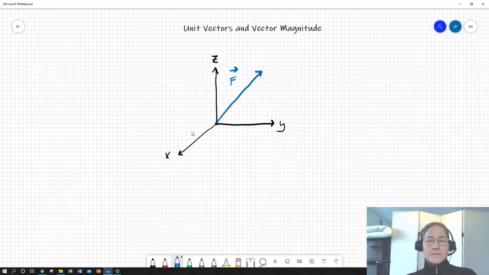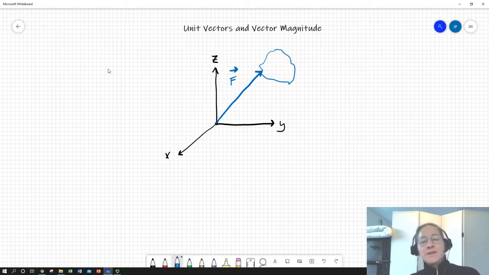We might want to be able to describe how many newtons it's pushing with, and what direction it's pushing, and what would happen out here where it's maybe contacting some body if instead of pushing with 10 newtons I pushed with 20, but I want to push in the same direction. Can you describe a direction, and then I can decide how hard I want to push later? That's a really useful thing to be able to do.